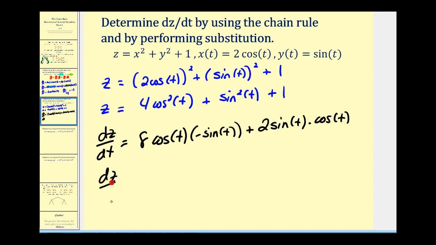So dz/dt is going to be equal to, now these are like terms again, negative 8 cosine t sine t, plus 2 cosine t sine t. So our derivative of course is the same. We have negative 6 cosine t sine t. And that should make sense: whether we use the chain rule or we use substitution, our derivative should be the same.